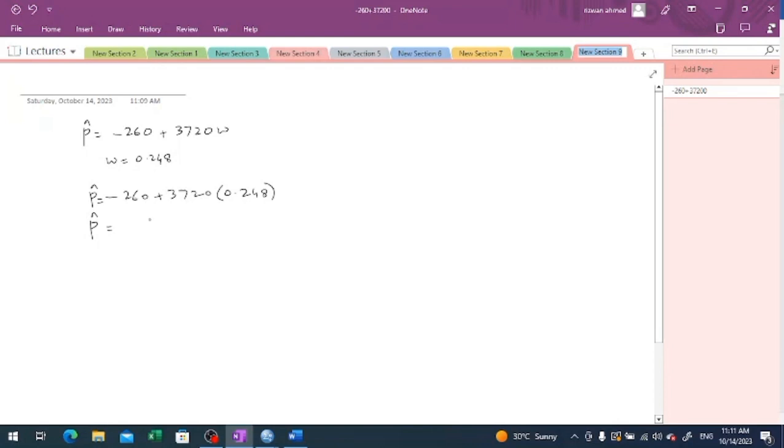Now this is minus 260 plus 3720 times 0.248, which gives us $662.56 as the estimated price of the diamond whose weight is 0.248 carat. So this is how we can answer this part of the question.